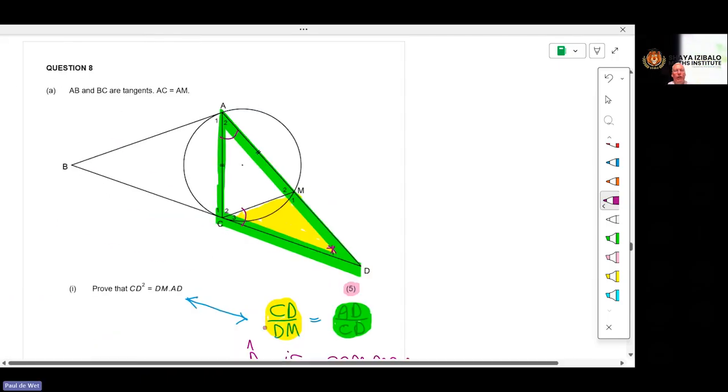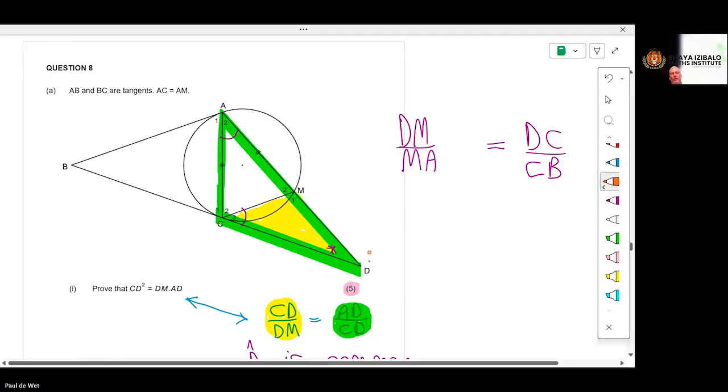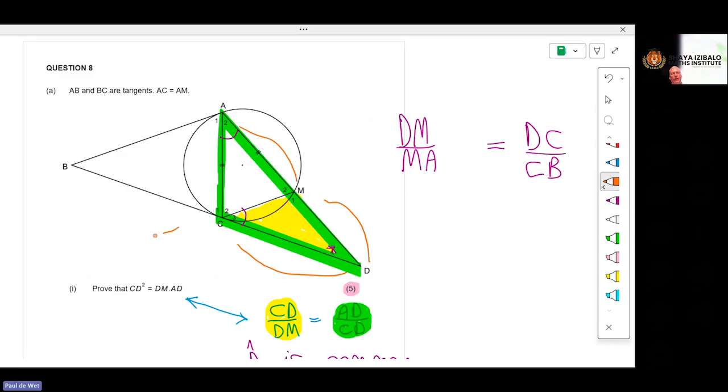Okay, the next question asks us to prove that DM over MA is equal to DC over CB. I'm just writing it up here just so I can see the diagram. Guys, what does that look like? DM over MA is DC over CB. What does it look like?